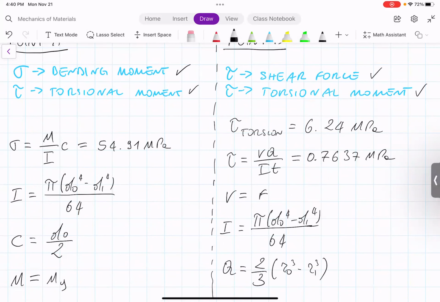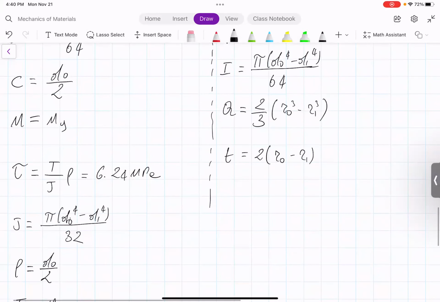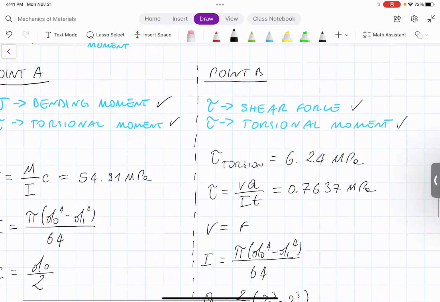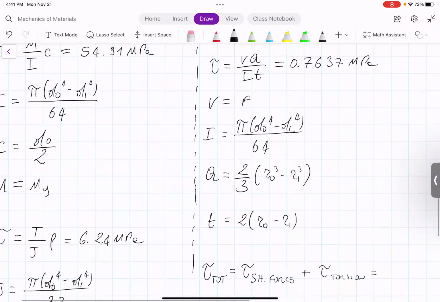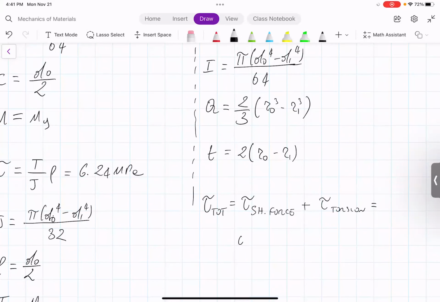So we have 6.24 and 0.7637, to be consistent, 0.76.